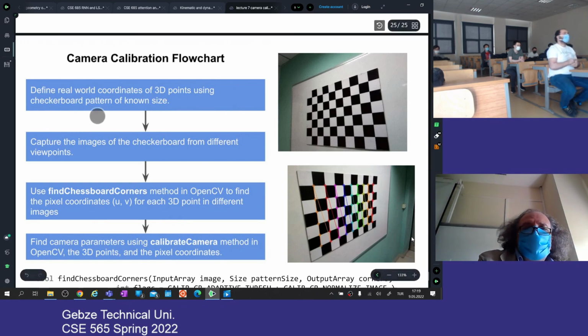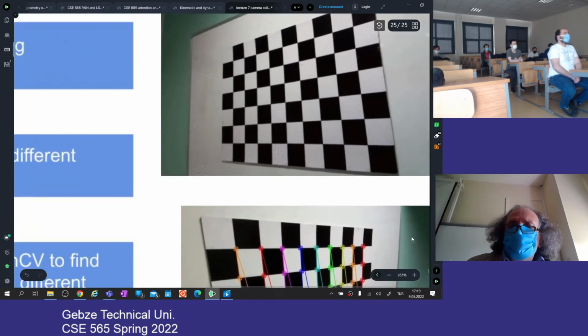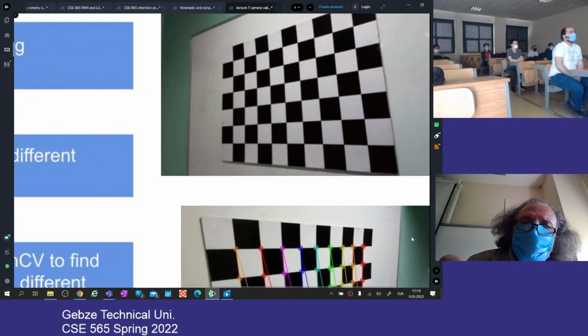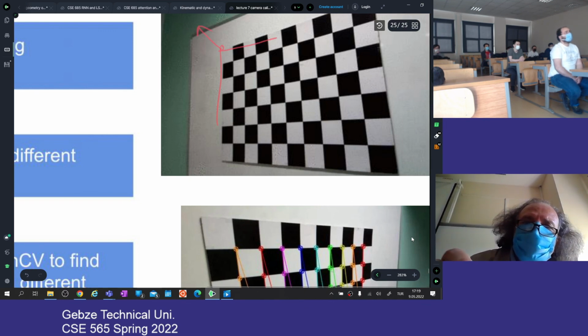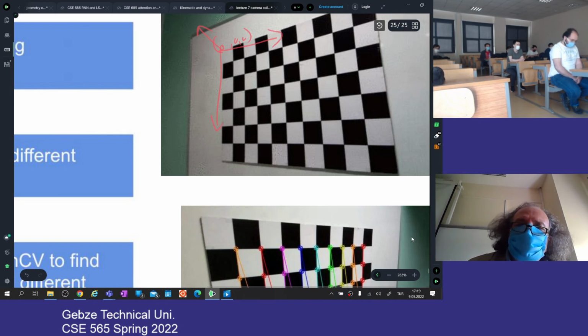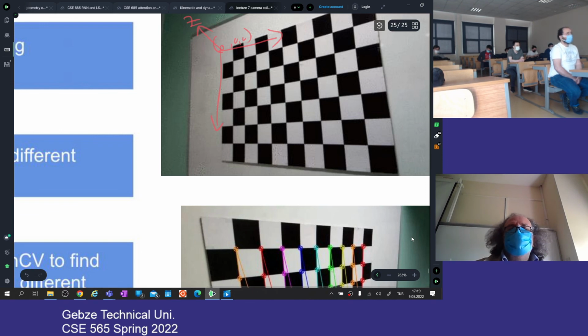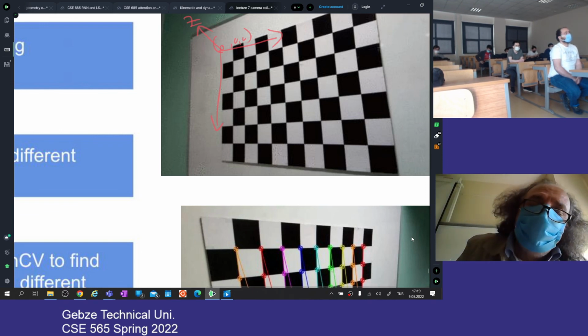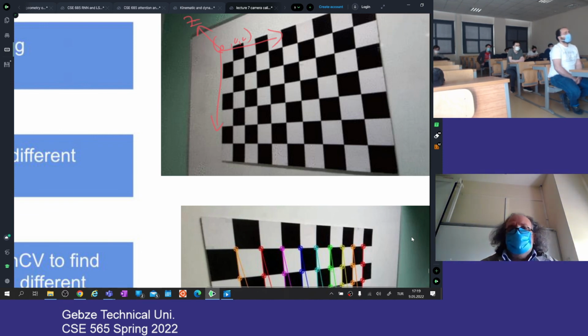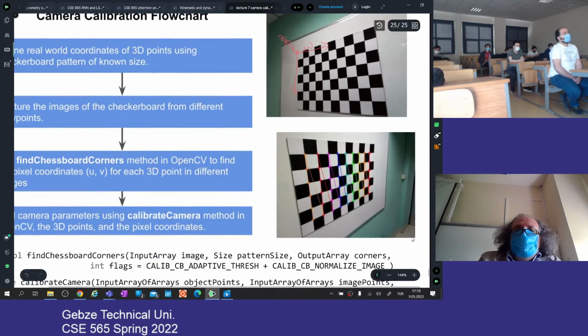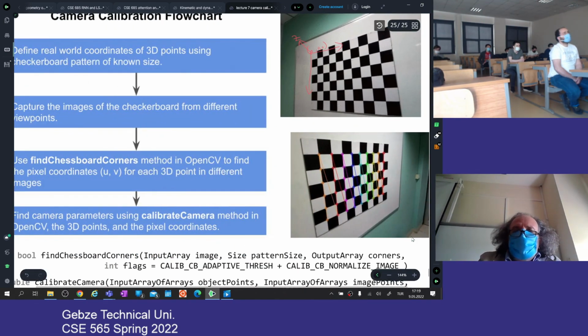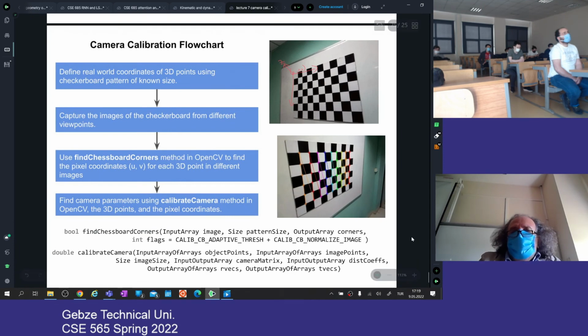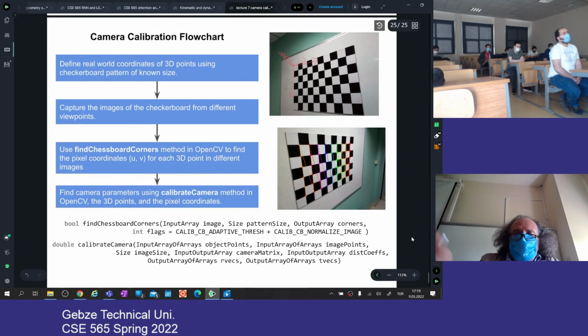I will assume that your first image has this 0, 0, 0 point. Your X is here, Y is here, and Z is here. Your first image will give me your origin of the real world, and your other images will live in that world, but your corner is not 0, 0 anymore.